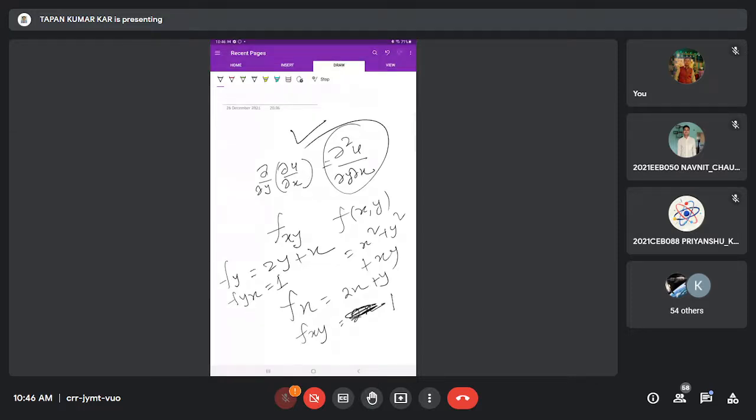Your internet source is written in this way: del y of del u del x. But remember, it means you are differentiating del u del x with respect to y.